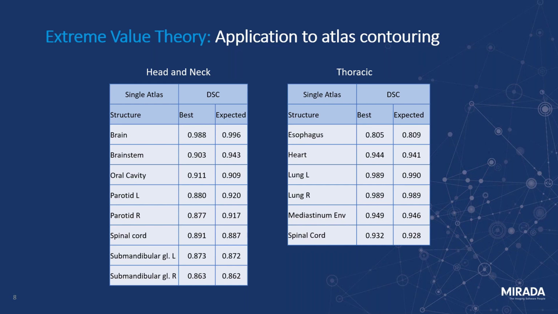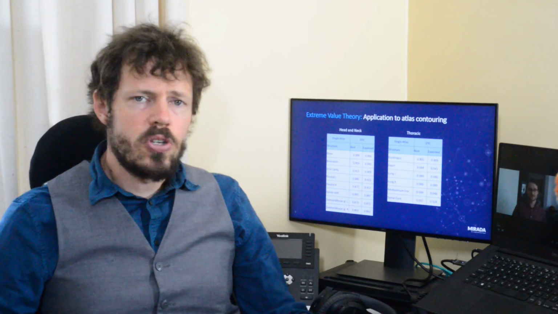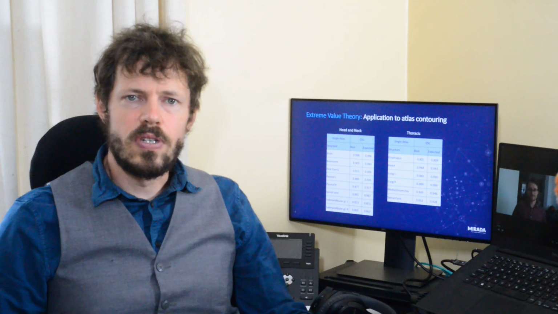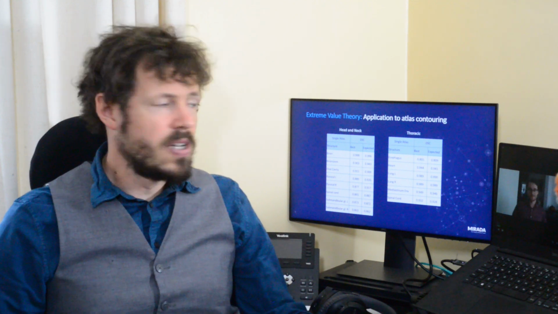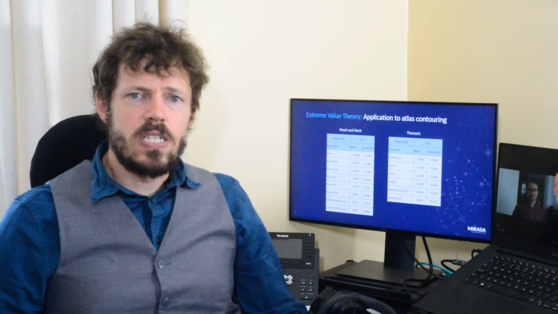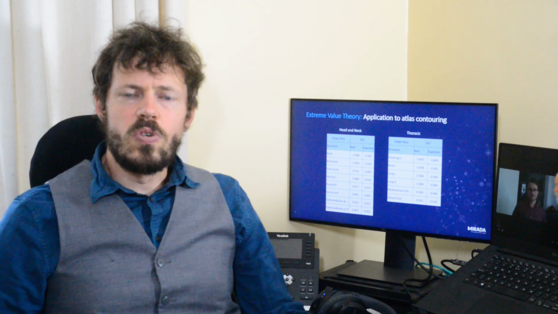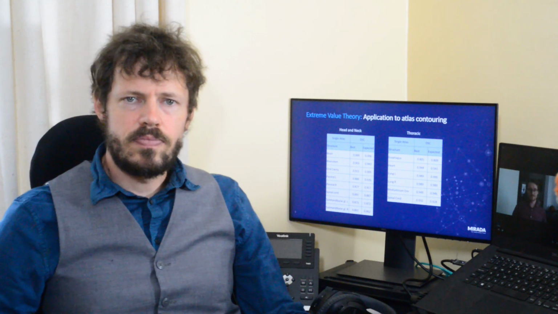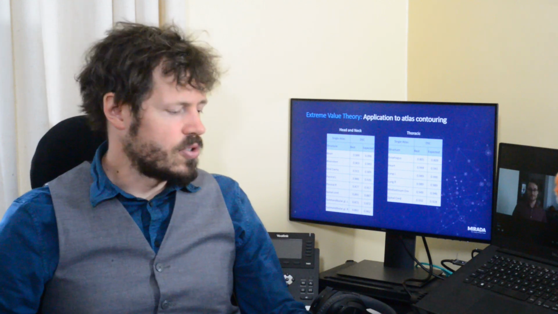There's a few where they score slightly lower, but it was essentially a dice score of 0.9 or higher. They also compared it to the best performance they'd seen in those 100,000 registrations, those 100,000 atlas-based contourings, and actually the expected result was fairly similar to the maximum they saw in those 100,000 registrations.